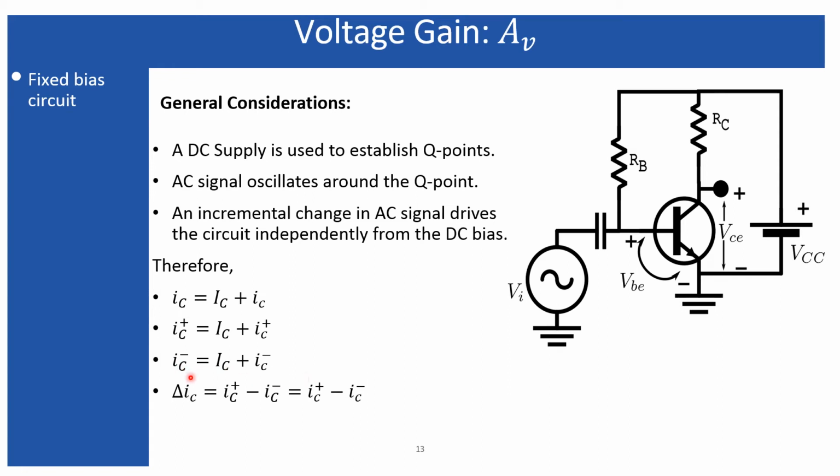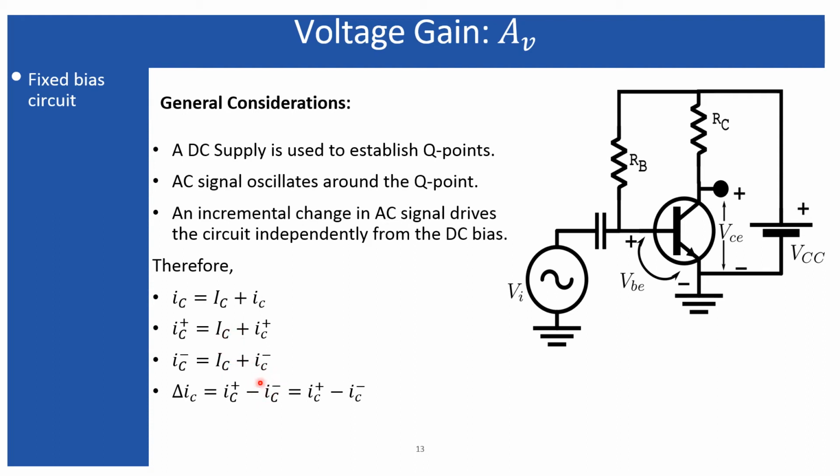You may consider IC plus minus IC minus also, but here the incremental change I have considered on the positive side, or just greater than this Q point current or the DC collector current. You may consider that incremental change, one for the positive or greater than the DC current, and another for the less than the DC current.